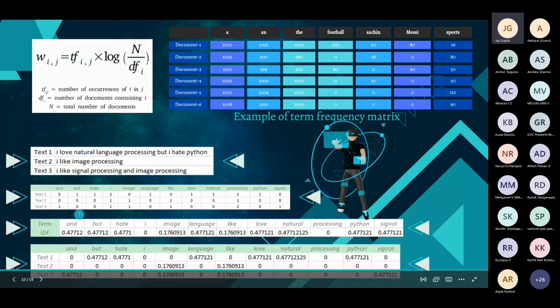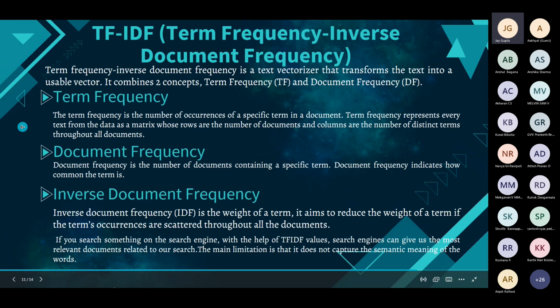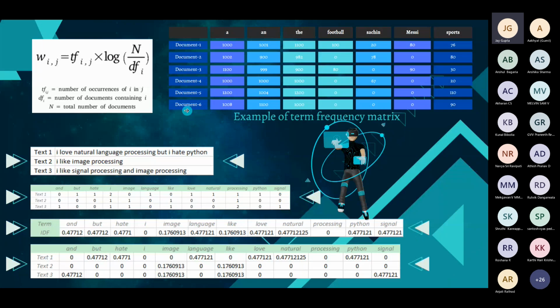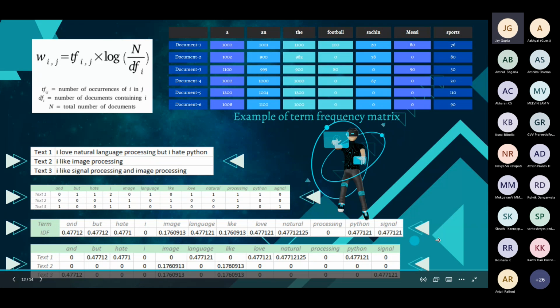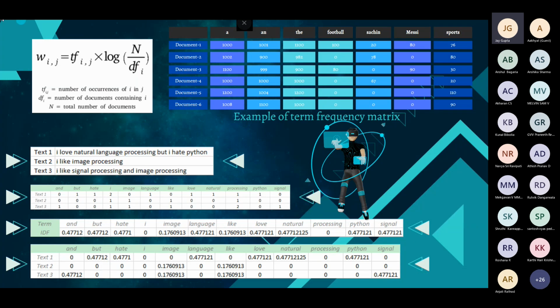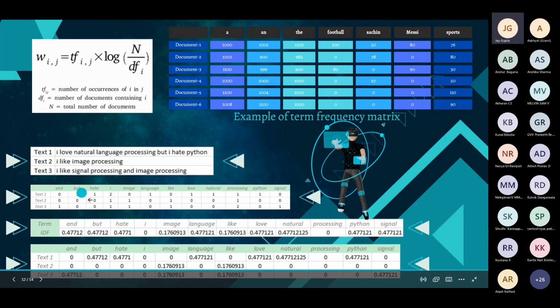TF-IDF multiplies both these matrices according to the formula written here. After multiplying, you get this matrix.